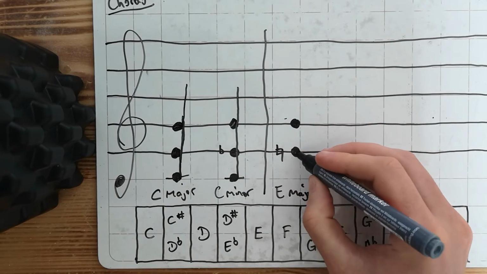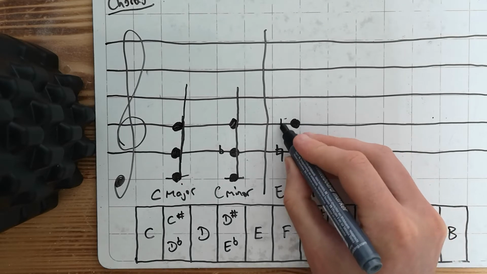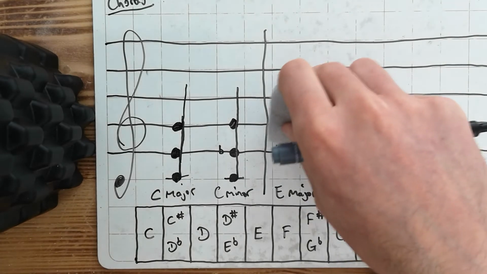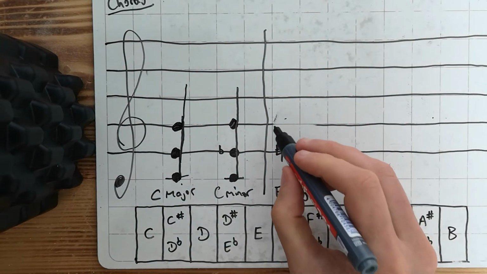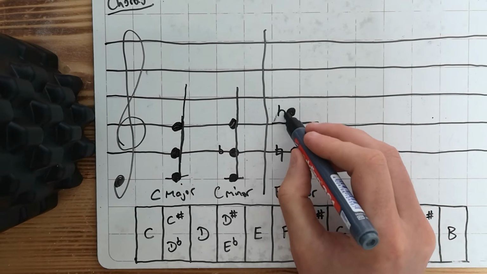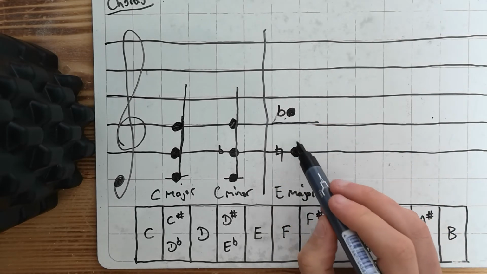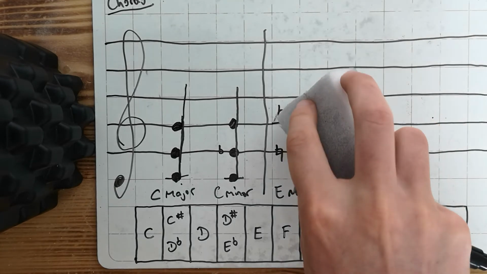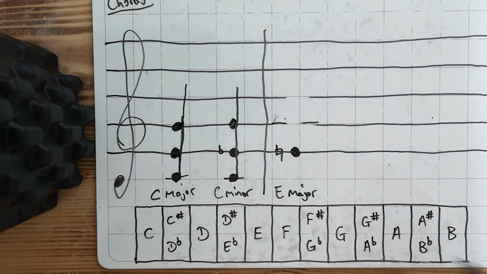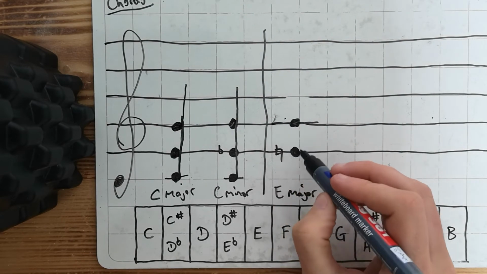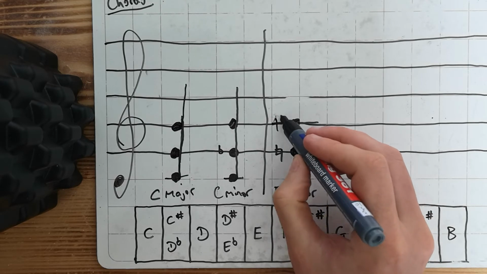Because it's a third, it's going to be 1, 2, 3, so it's going to be a G sharp, not an A flat. If it is A flat, I'd be putting it there, but that's not a third, that's a 1, 2, 3, 4, that's a 4th away, which I don't want. So it's going to be G sharp because that is a third away.